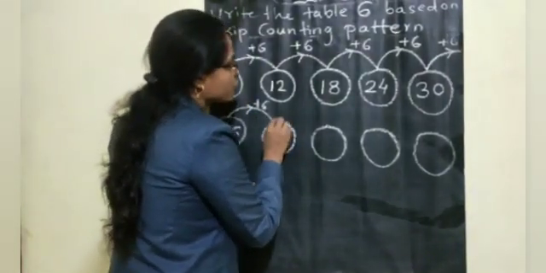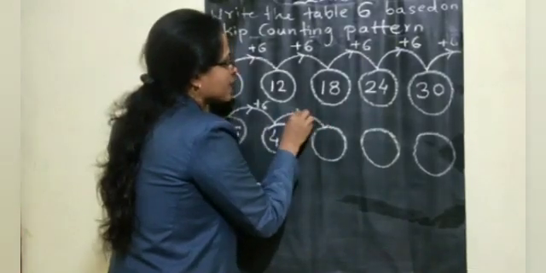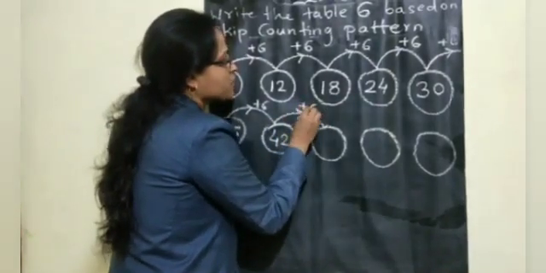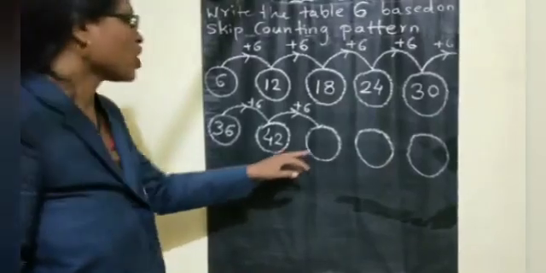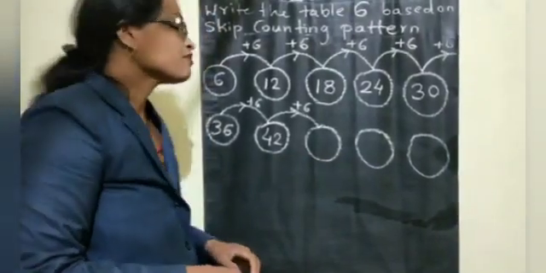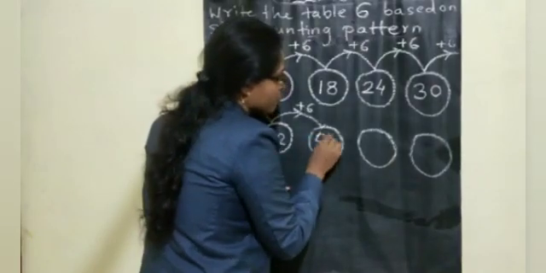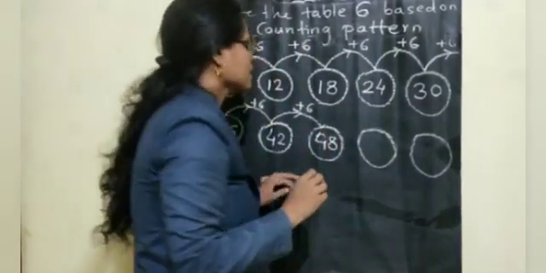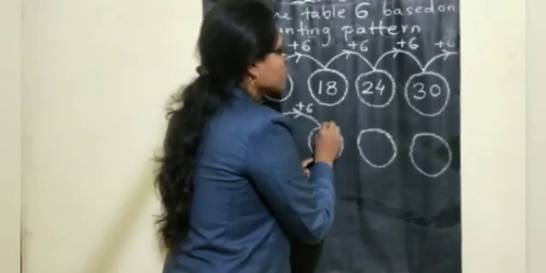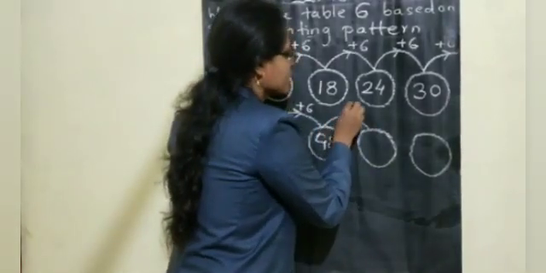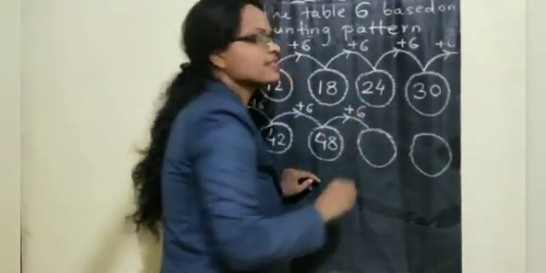42. For this 42 again you are adding plus 6 to get your next number. So how much answer will you get here? 48. Correct. Now for the 48, again you add plus 6 to get your next number.